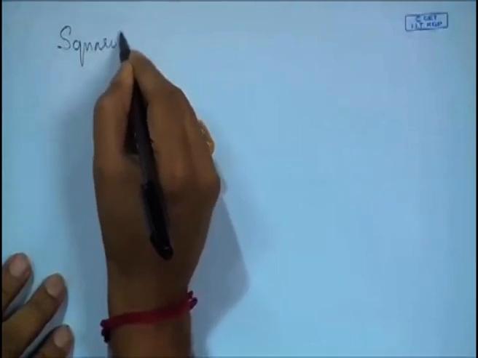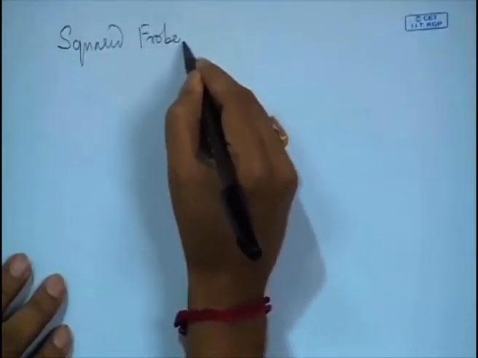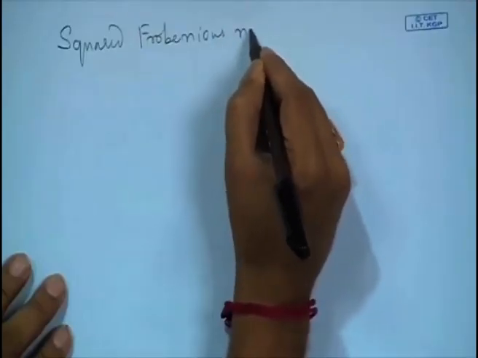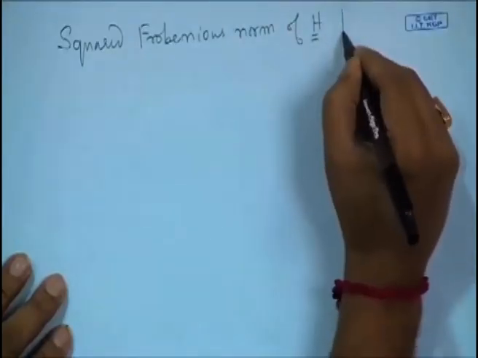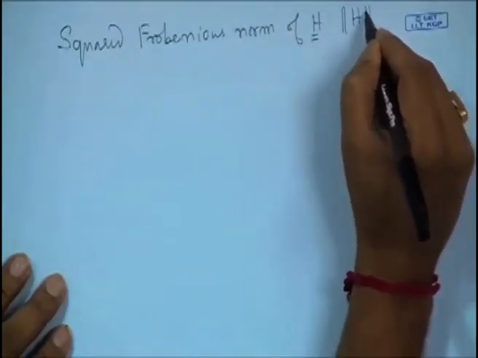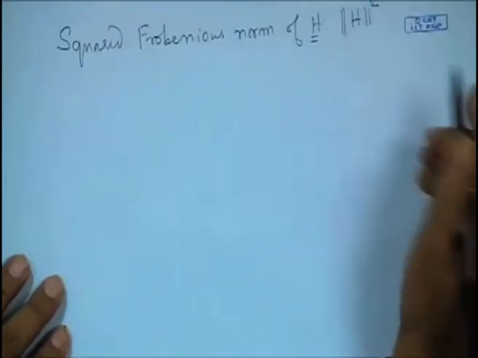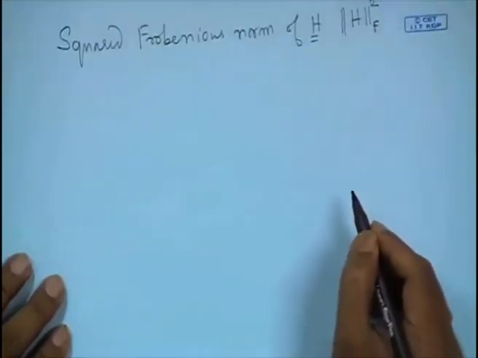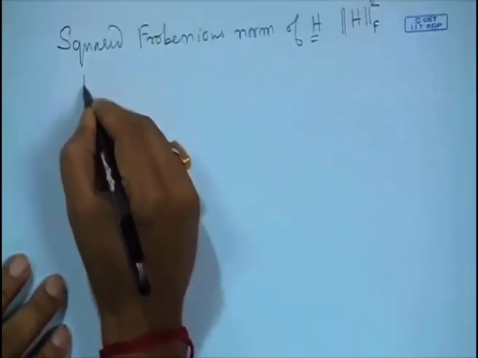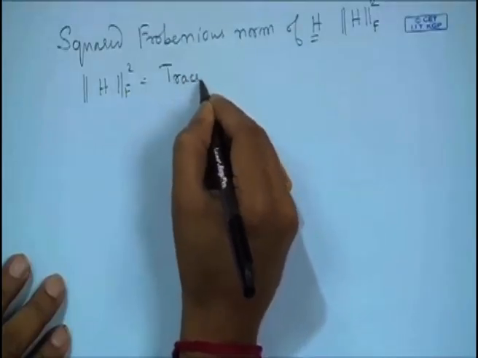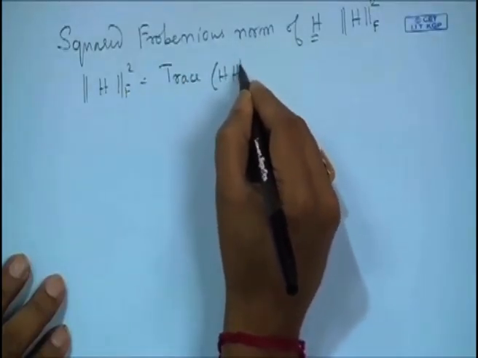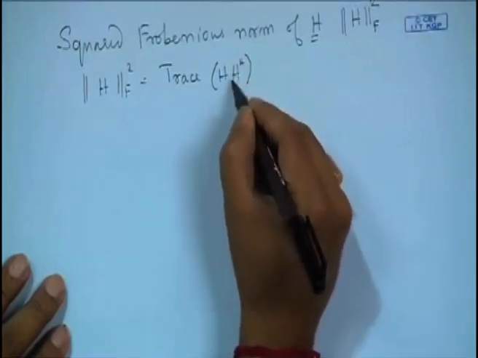We move on further and take a look at the squared Frobenius norm of H. It is indicated by H with double lines on both sides, a square on top, and below F indicating Frobenius norm, squared Frobenius norm of H, which is defined as the norm of H squared equals trace of H Hermitian H. We have explained what the Hermitian operation is.